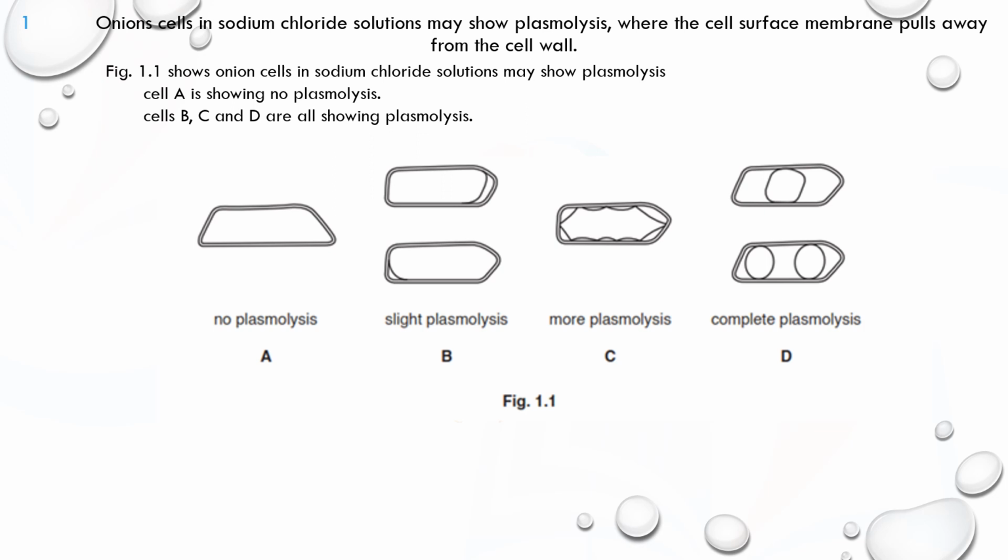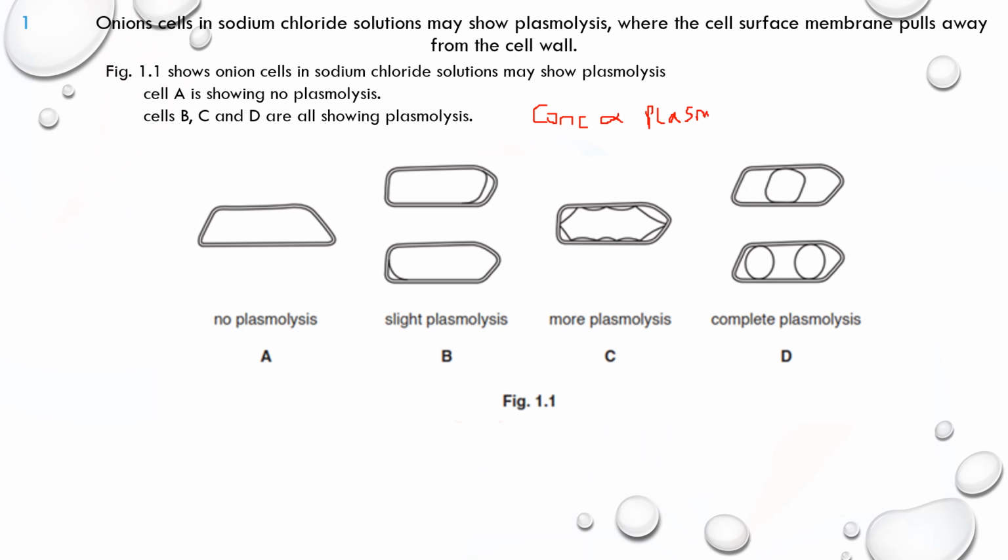Remember that water potential is inversely related to solute concentration. So the more concentrated the solution, the more plasmolysis. Don't forget this. You're going to need this as we navigate through these questions.